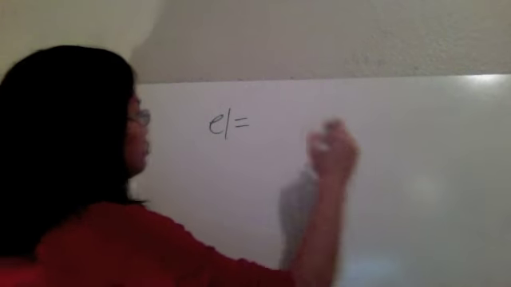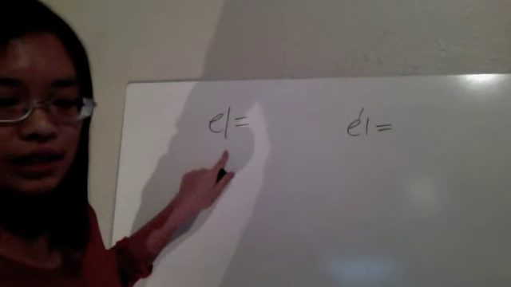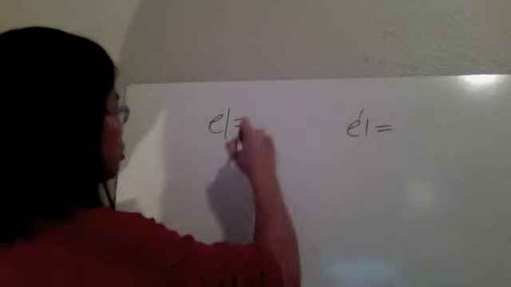The last situation when an accent mark is required is sometimes accents are used to differentiate the meaning of certain one-syllable words. For example, el without accent is the, masculine singular.